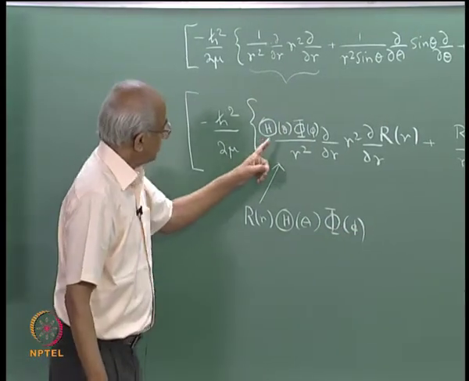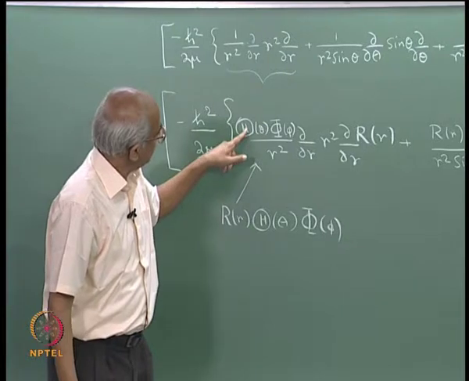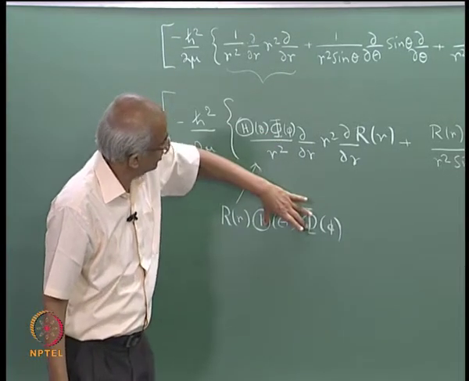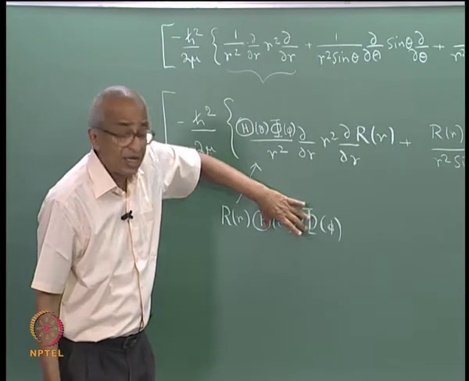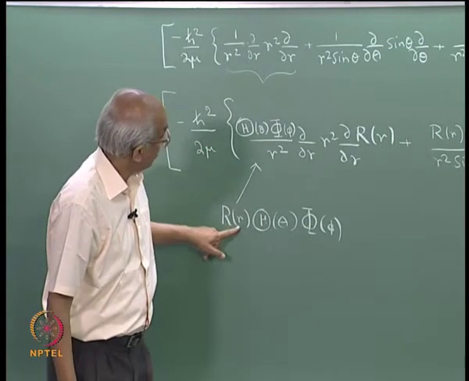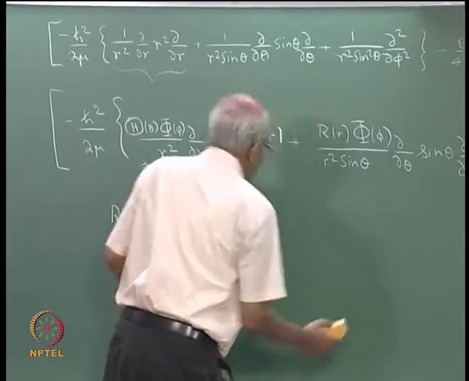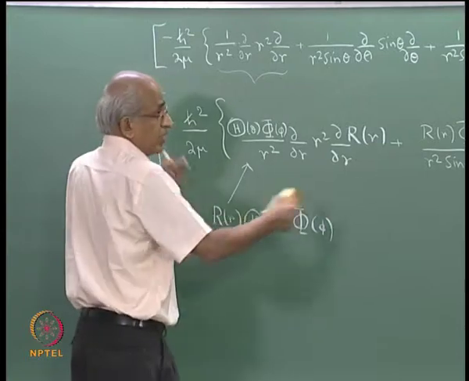As far as this term is concerned, there is a capital theta and a capital phi in the numerator, so these will get cancelled, and you will be left with capital R of r in the denominator. This is already a long equation.